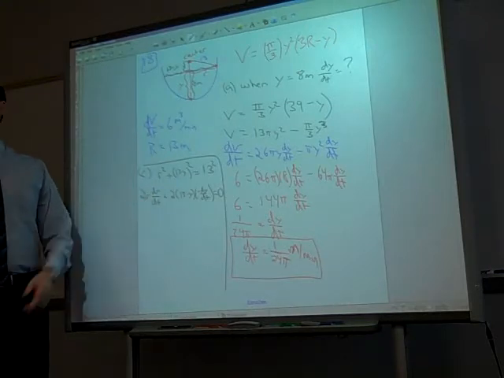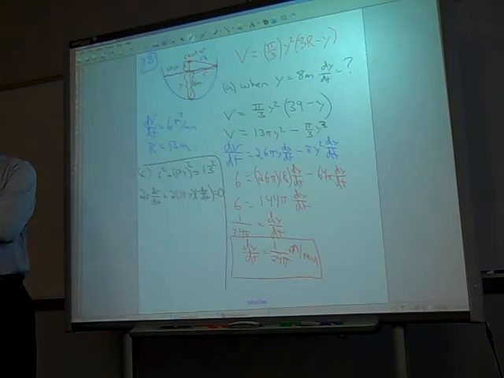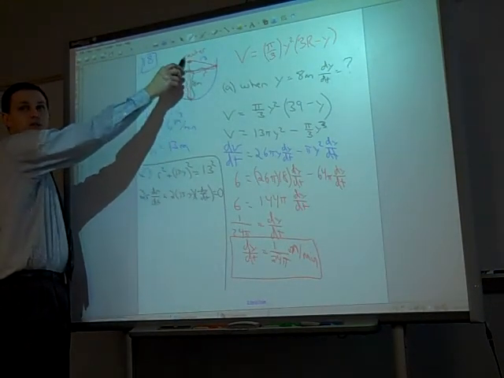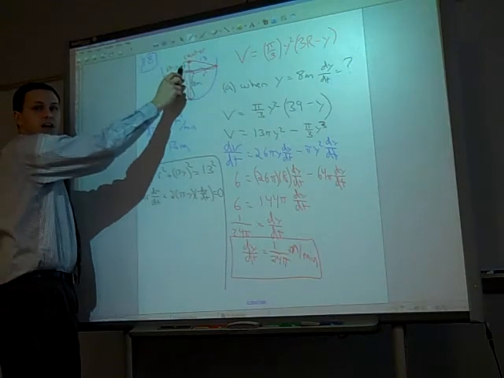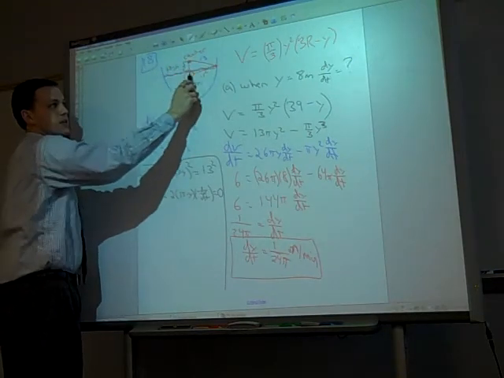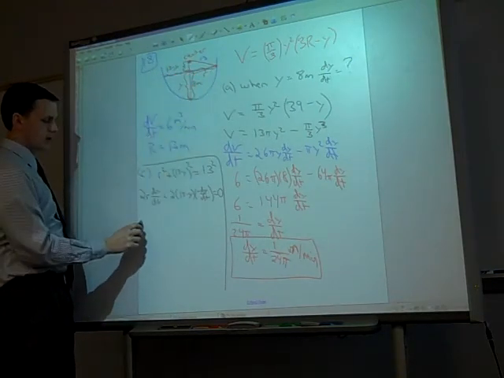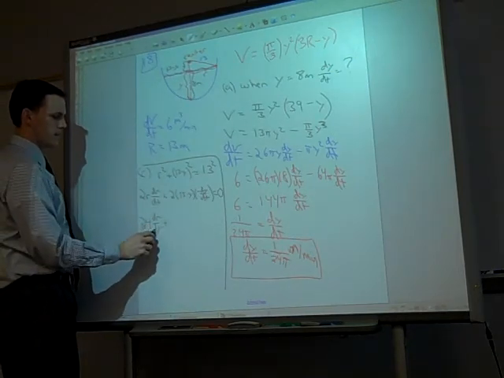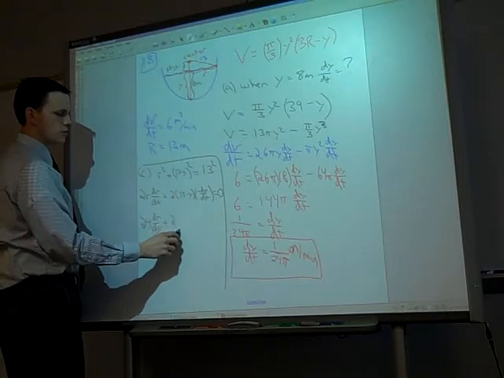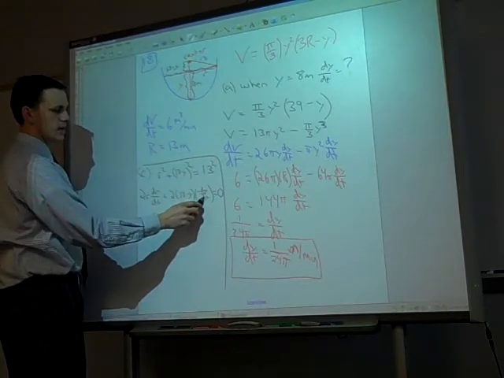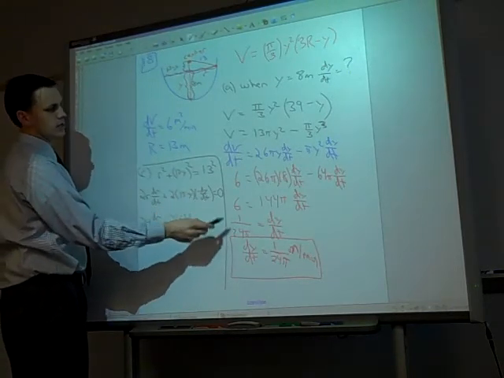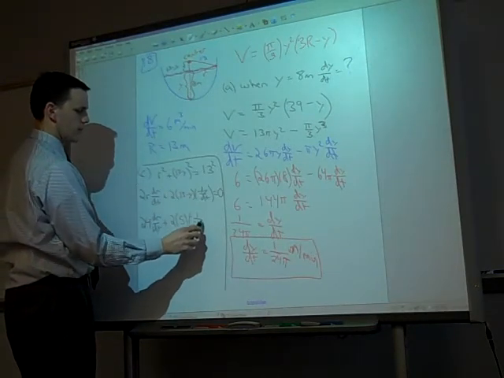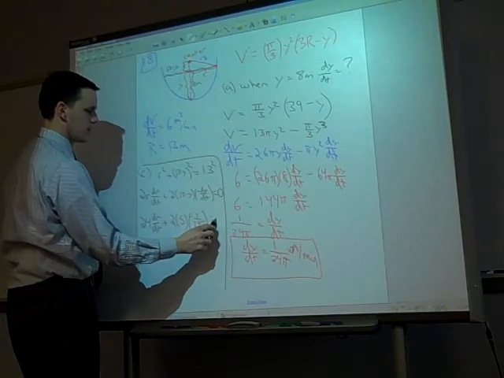How do I know r is 12? 5, 12, 13 triangle. So if y is 8, then the height here is 5. Right? So by the Pythagorean theorem, if this is 5, that's 13, this would be 12. So anyway, we've got 24 dr/dt plus 2 times 5 times, and dy/dt was again that, so that's going to be negative 1 over 24 pi equals 0.